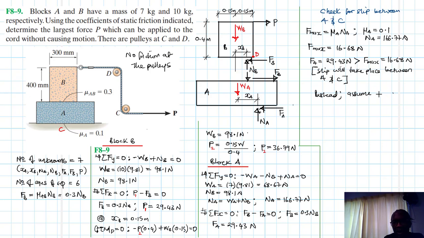So we'll say assume FA is equal to mu A NA. Therefore we are saying let FA just be equal to 0.1 NA, which is equal to 16.68 newtons. So once we make this assumption, then we'll go to block A to do the calculations.